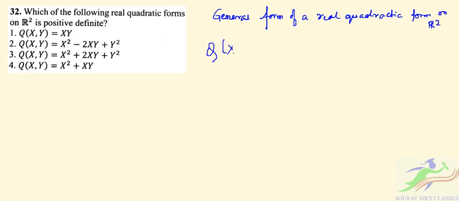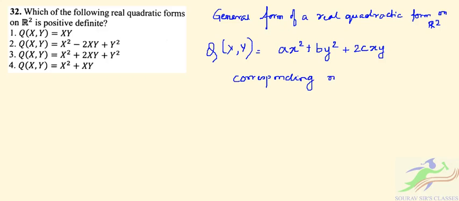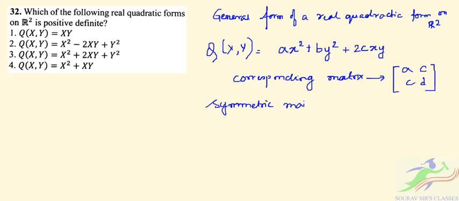You can write Q of (x, y) as a x square plus b y square plus 2c xy. The corresponding matrix representation is the 2 by 2 matrix (a, c; c, d), and this has to be a symmetric and positive definite matrix.